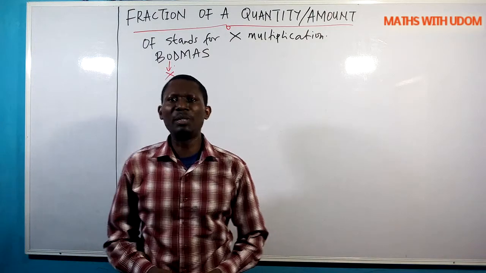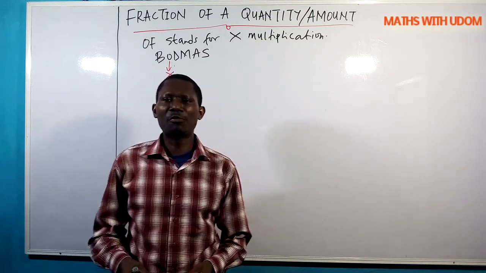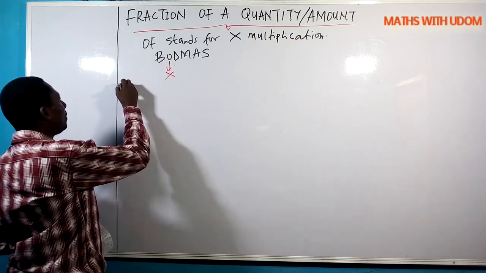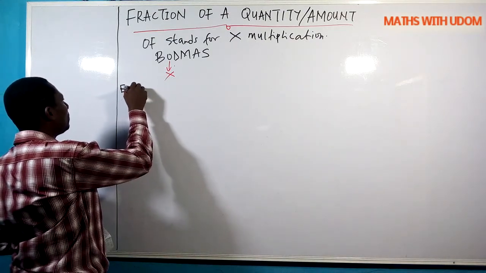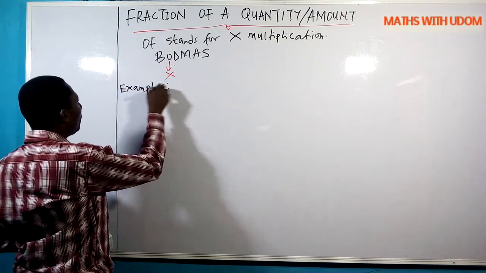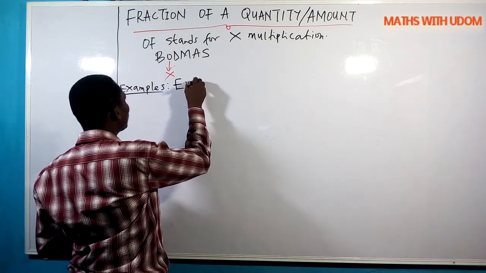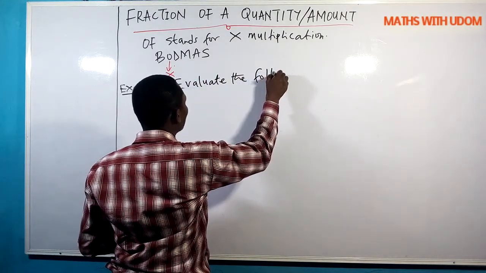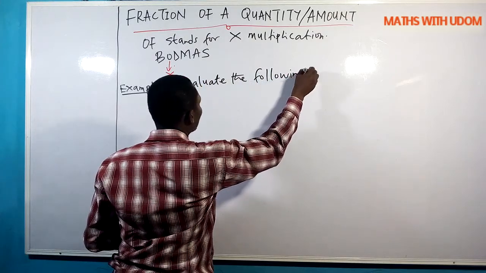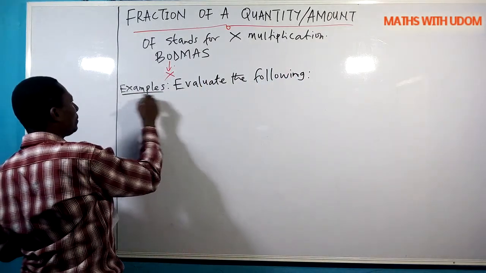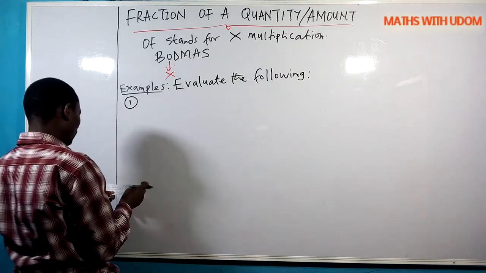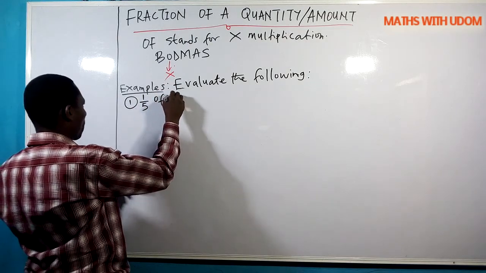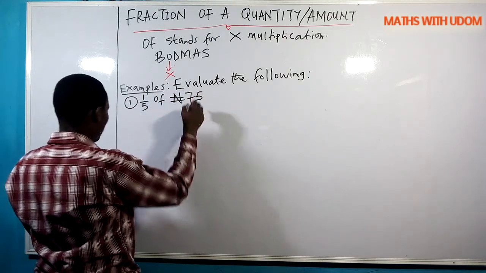The examples will be: evaluate the following. So let's look at the examples. Number 1, 1/5 of 75 naira.